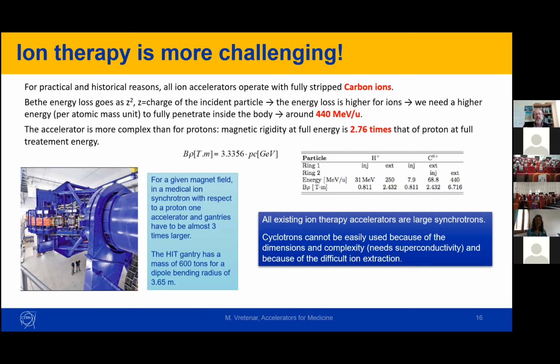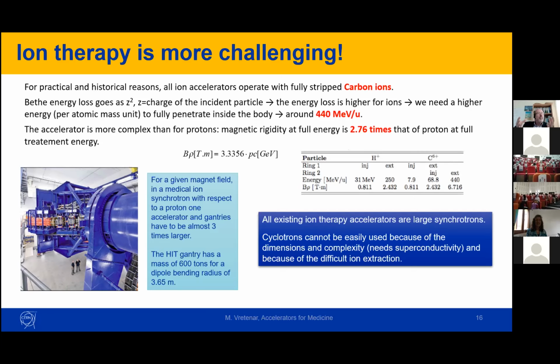And this higher energy means that the accelerator is bigger. In particular, as we have seen, for a given magnetic field, there is a relativistic law that relates the energy of the particles with the product between the radius of the accelerator, of the synchrotron, it's valid also for the cyclotron, and the magnetic field.